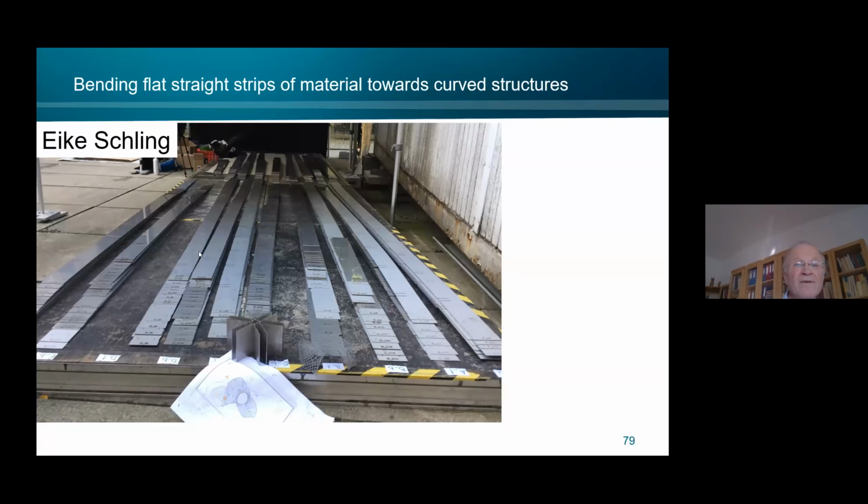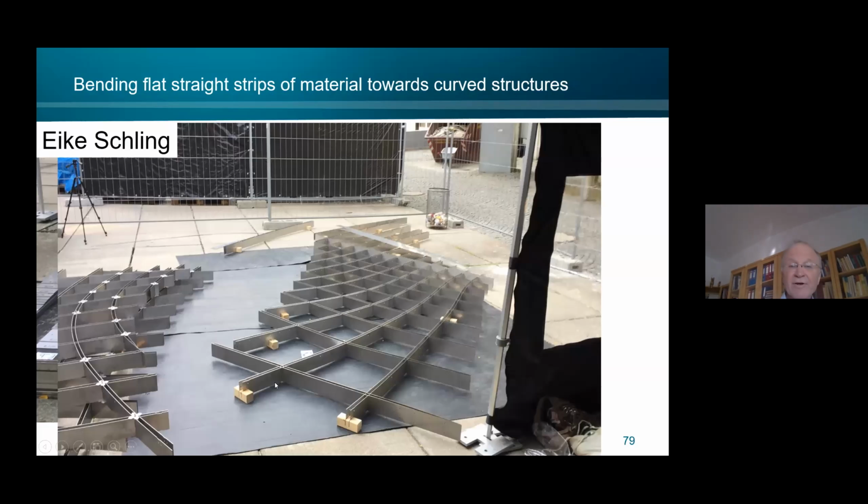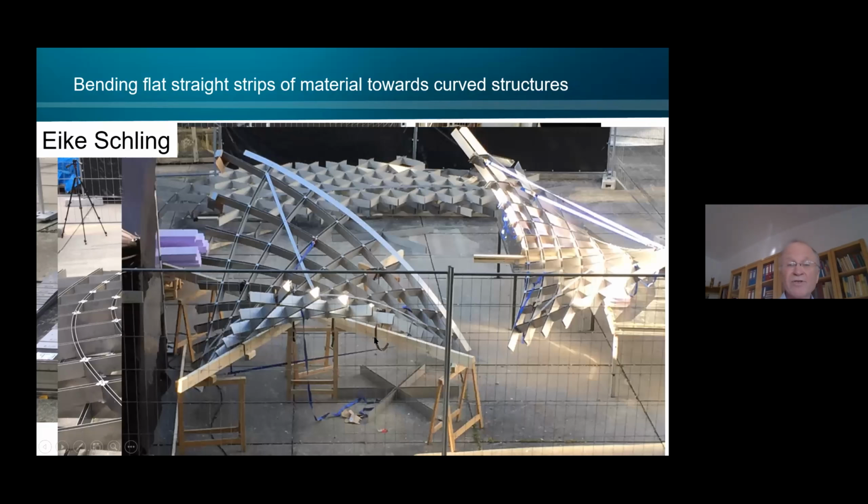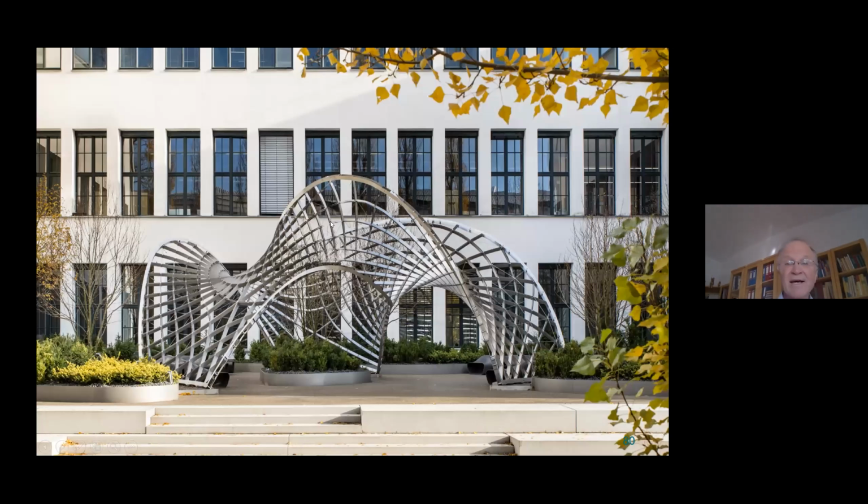He takes these straight strips of sheet metal, you see rectangular strips, much longer than wide, and he first arranges them here in 2D in terms of such a support structure, and then moves it up into 3D, and finally gets a structure like this. So here these curved elements in the support structure are, of course, developable, and they are arranged orthogonally to some reference surface.